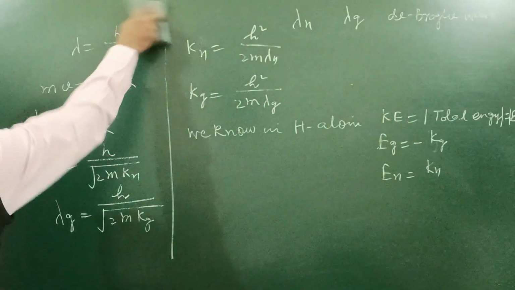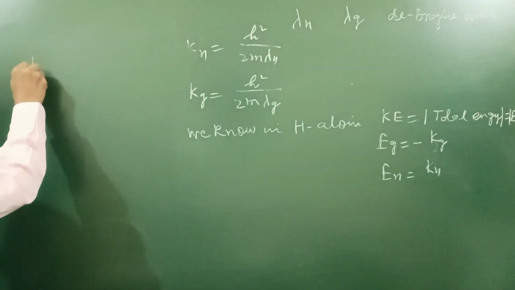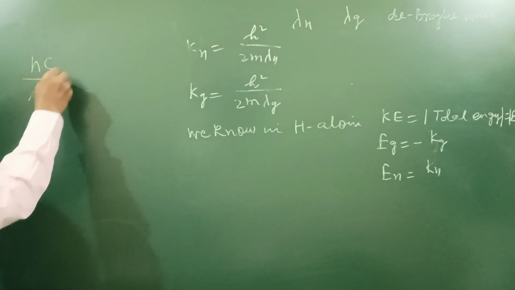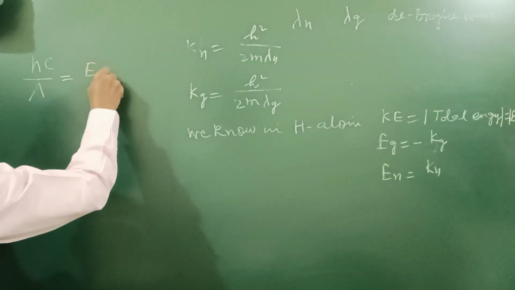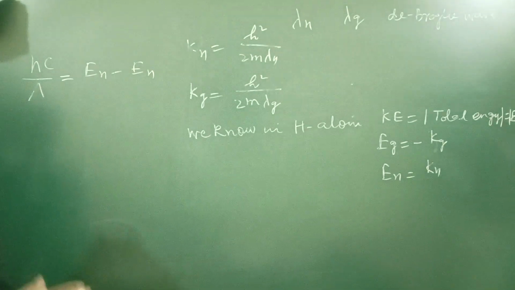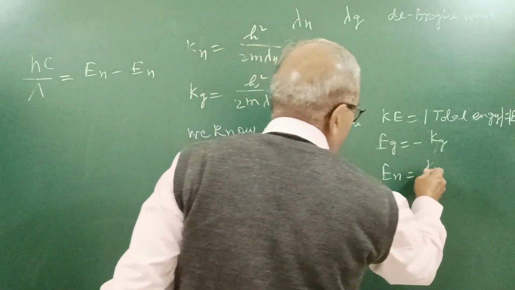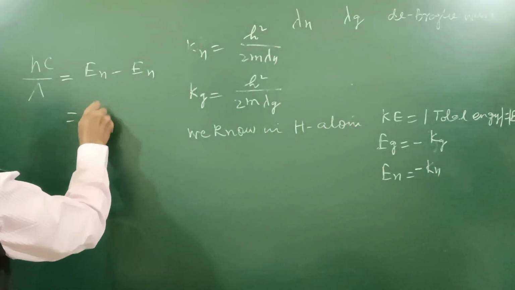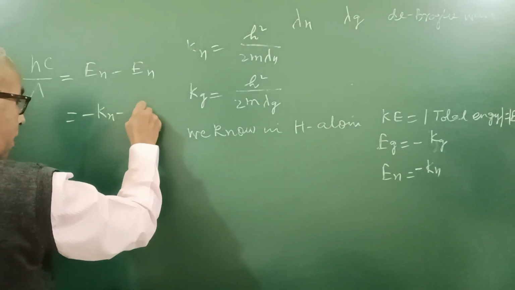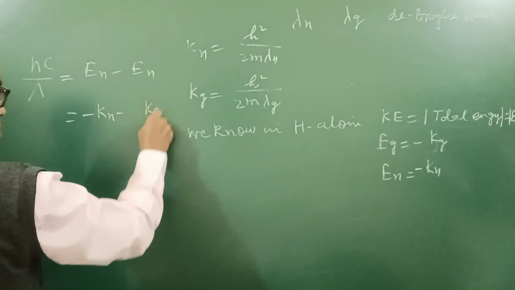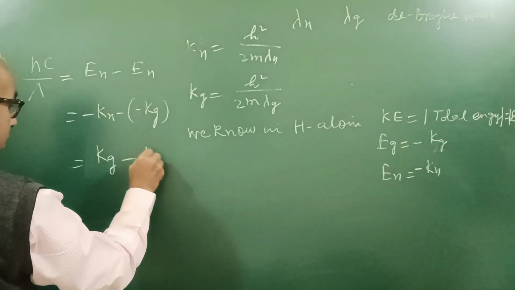When the electron jumps from a higher energy state, the energy of the photon emitted is hc upon lambda, by the third postulate of Bohr theory, when electron jumps from n2 to n1 orbit. So it is En minus Eg, that is minus Kn minus minus Kg, so it comes out to be Kg minus Kn.